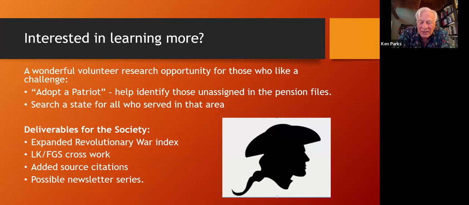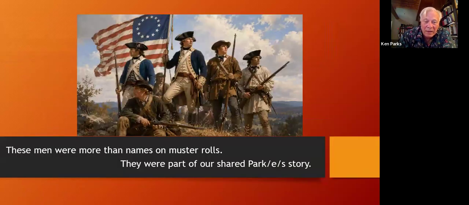We can add source citations, and this can be put into those early generations in TNG, the Next Generation website that we are in the process of getting up and running. So there's all kinds of benefits for learning more for the society and thus for the membership in general.